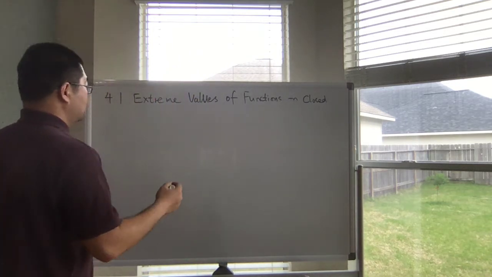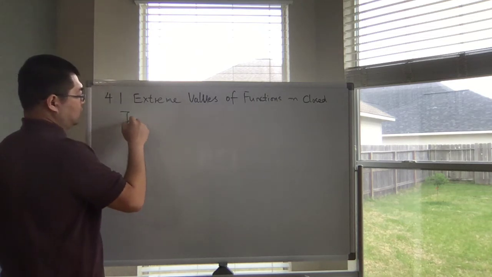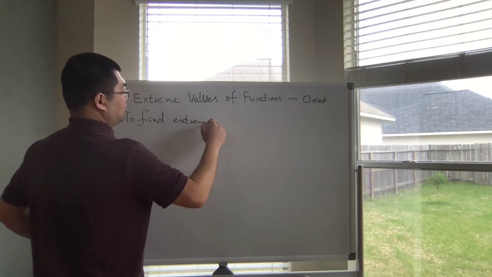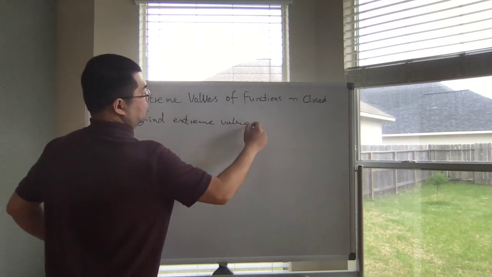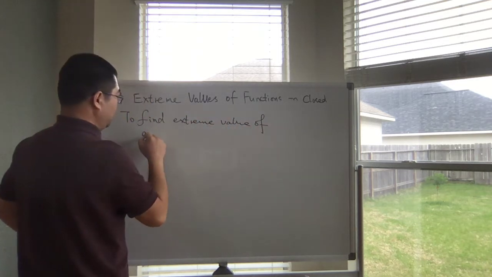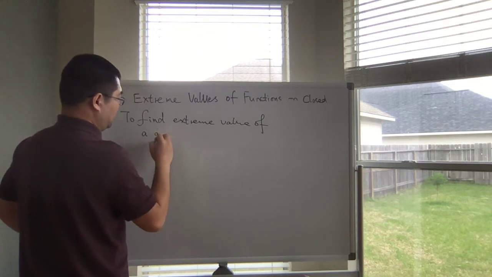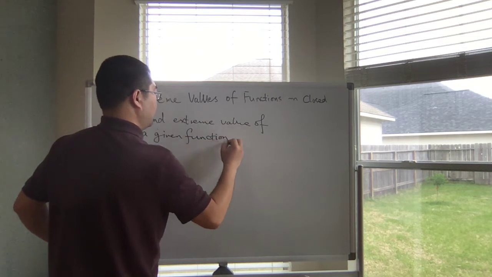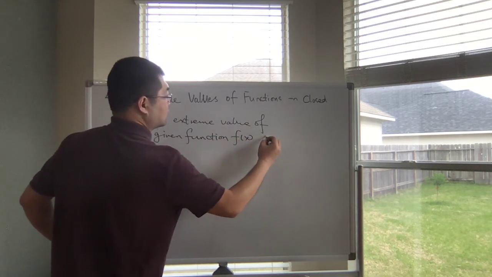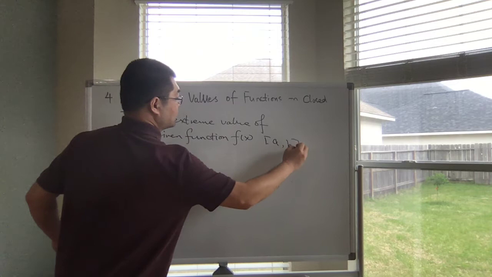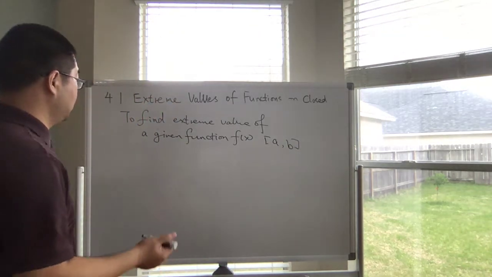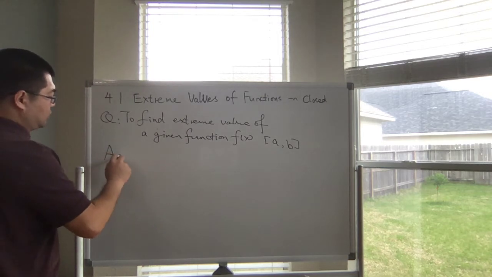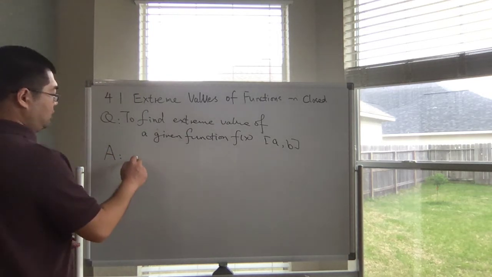To find the extreme values of a given function, let's say f(x), defined on the closed interval from a to b, the answer goes through these steps.